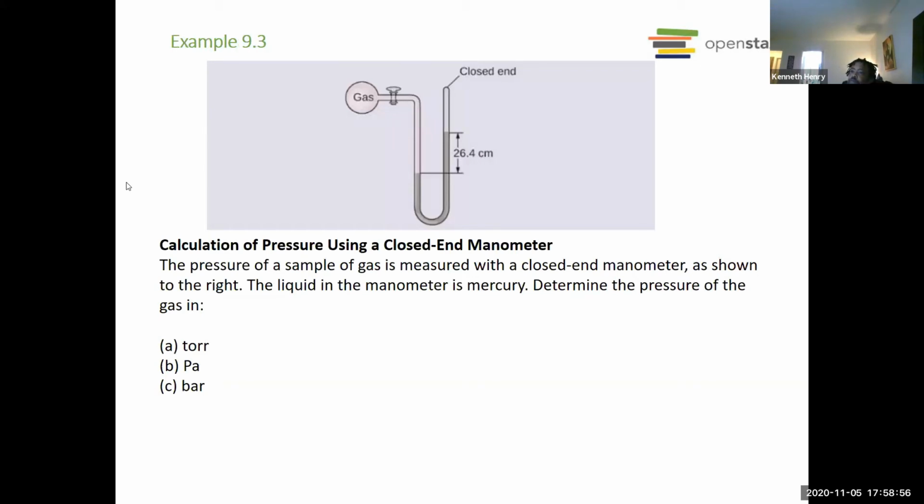Okay, so the pressure of a sample of gas is measured in a closed manometer as shown to the right above. The liquid in the manometer is mercury. Determine the pressure of the gas in torrs, bars, and pascals.